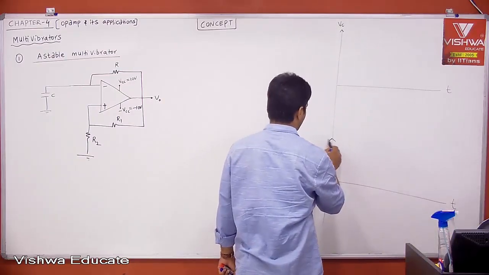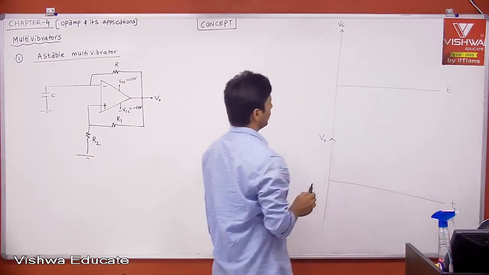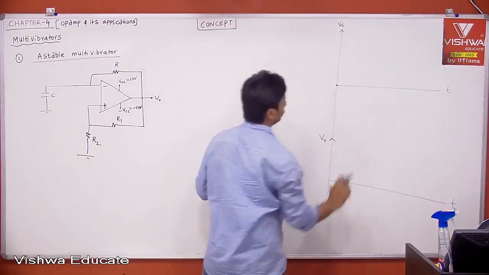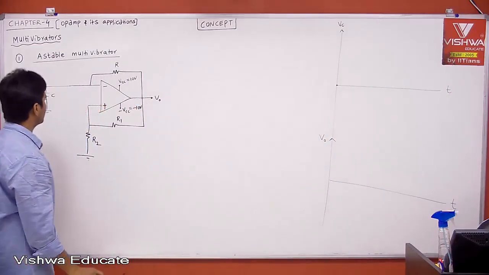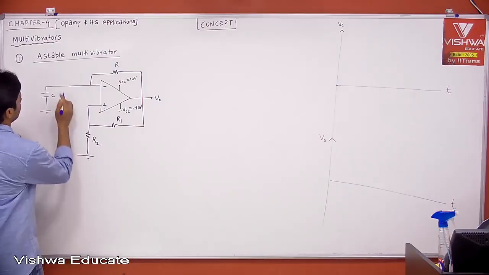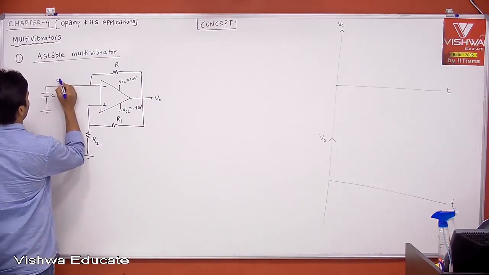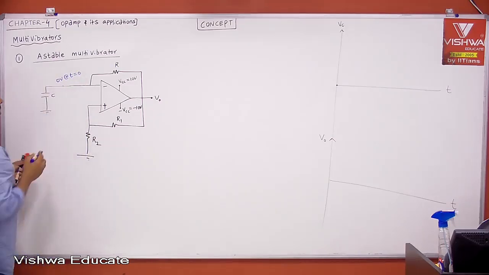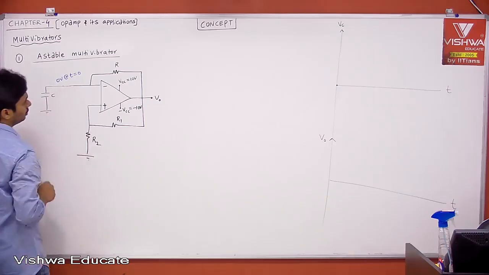Let's see. Initially, what is voltage across the capacitor? 0. Okay, if initially voltage across the capacitor is 0, therefore this is nothing but 0 volt at time t is equal to 0. This is nothing but voltage across the capacitor. Right?